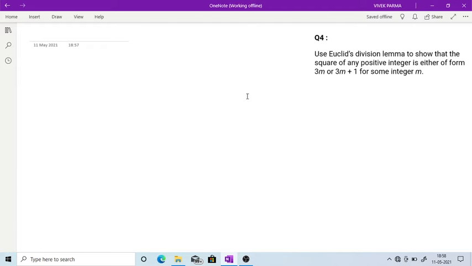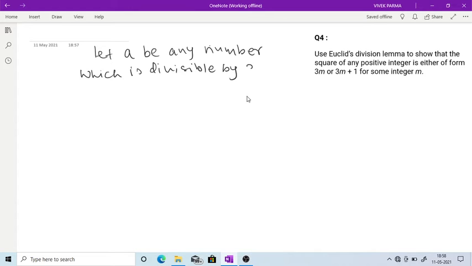So again we are going to prove it. Let a be any number which is divisible by 3, and the possible remainders are 0, 1, 2.